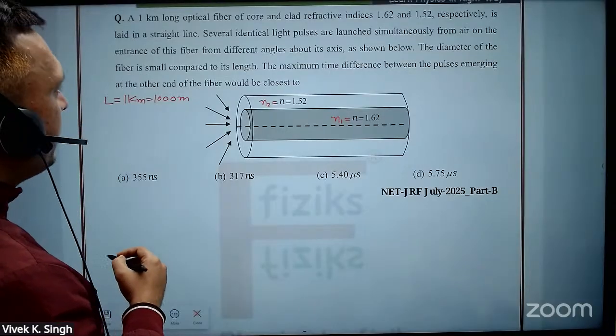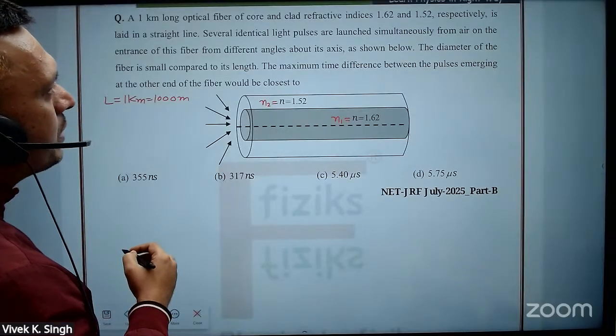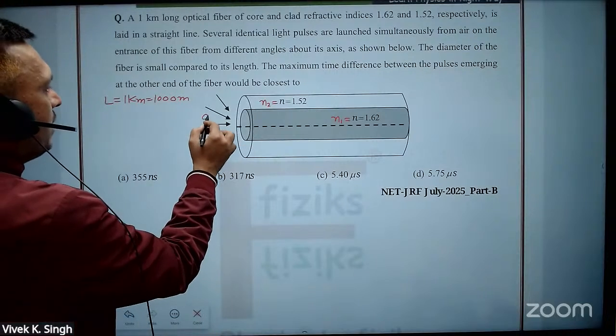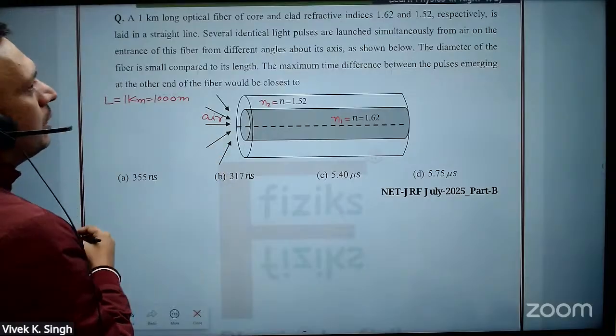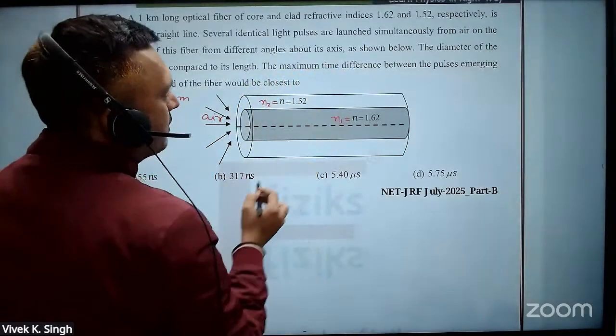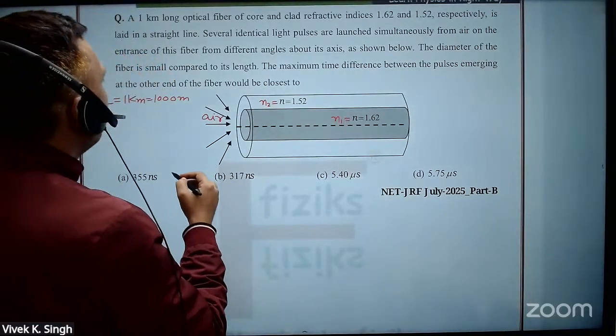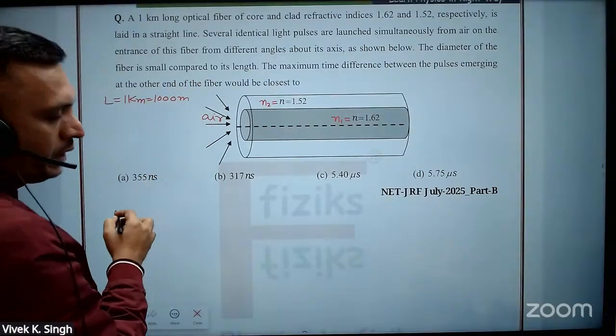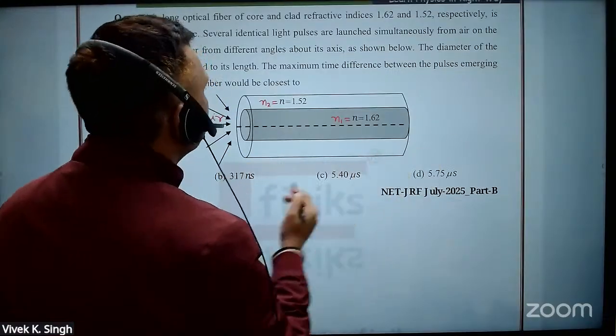The fiber is laid in a straight line. Several identical light pulses are launched simultaneously from air, on the entrance of the fiber, from different angles about its axis, as shown below. The diameter of the fiber is small compared to its length. Length is very large.